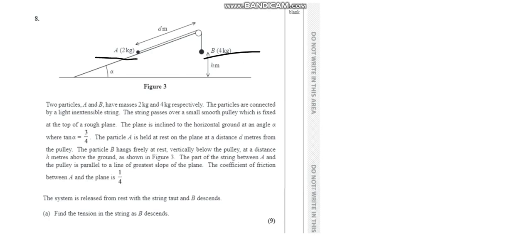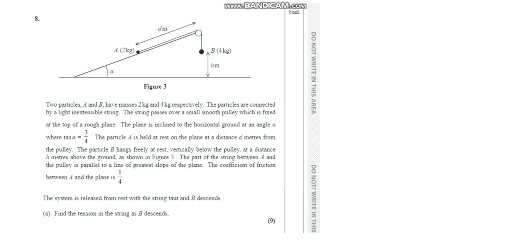The coefficient of friction between A and the plane is 1/4, or you can say mu is 1/4. The system is released from rest with the string taut and B descends, so the initial velocity is 0 meters per second, and they ask us to find, in part A, the tension in the string as B descends, and it's 9 marks, so we have to be very careful with our steps here.